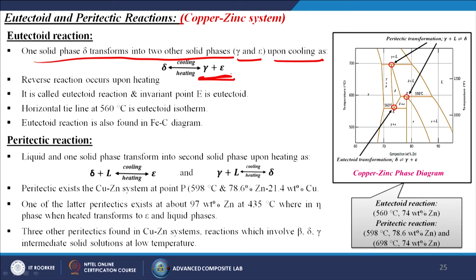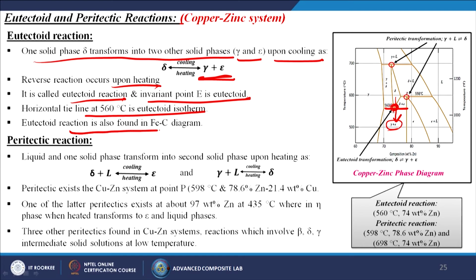The reverse reaction occurs upon heating. The invariant point E is the eutectoid point, where delta changes into gamma plus epsilon. The horizontal tie line at 560 degrees centigrade is the eutectoid isotherm.